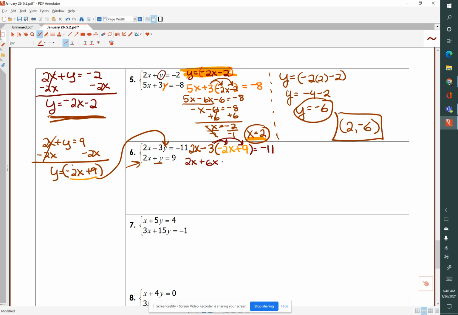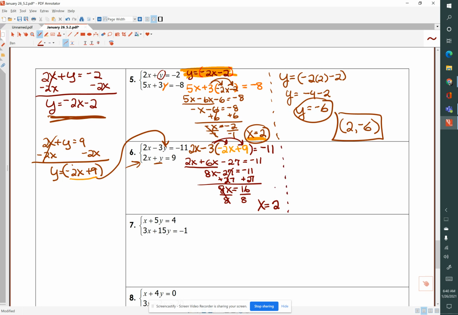Negative 3 times positive 9 is minus 27 equals negative 11. We can combine 2x and 6x for 8x minus 27 equals negative 11. We can add 27 to each side of the equation. So ultimately we want to isolate 8x and then we'll isolate the x. So 8x equals 16, and we'll divide both sides by 8, and x equals 2.